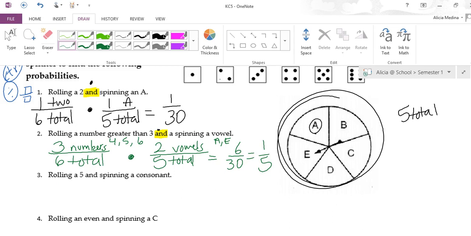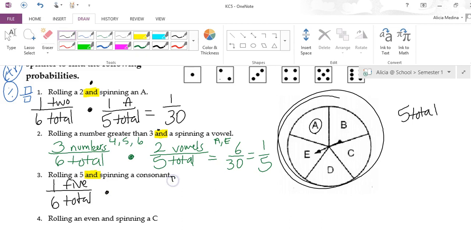Alright, number 3, rolling a 5 and spinning a consonant. So how many 5s are there on our dice? There's only 1 5 over our 6 total sides. The word and means to multiply. I'm going to keep highlighting it so you guys remember. It means multiply. And now how many are a consonant? So consonants are any other letters that are not vowels.